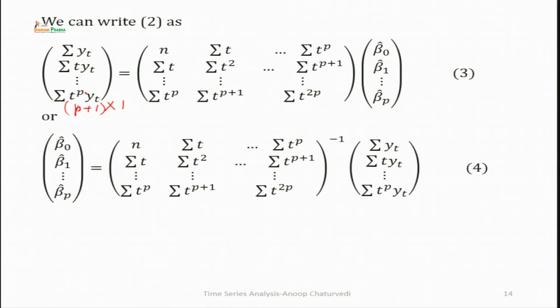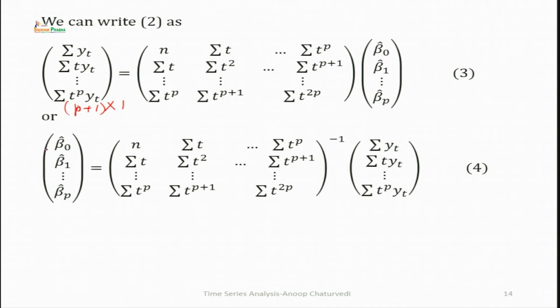So, you can write all the p plus 1 normal equations in this matrix form, and then for obtaining the values of betas, we take this matrix to the other side. In fact, this is a non-singular matrix, so you can take inverse of this matrix.